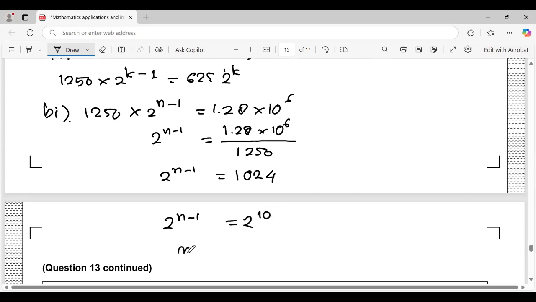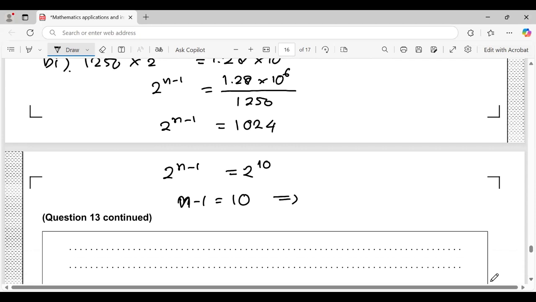It means n minus 1 equals 10, so n equals 10 plus 1. So n equals 11.